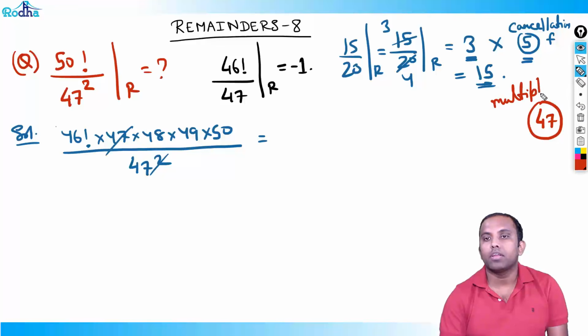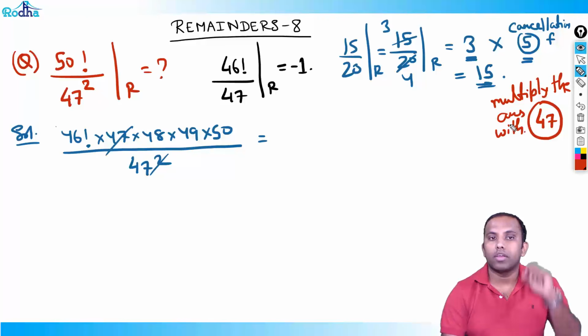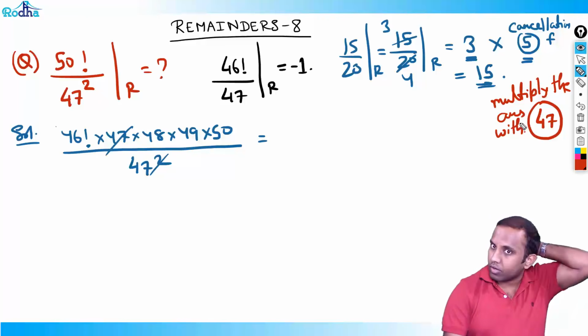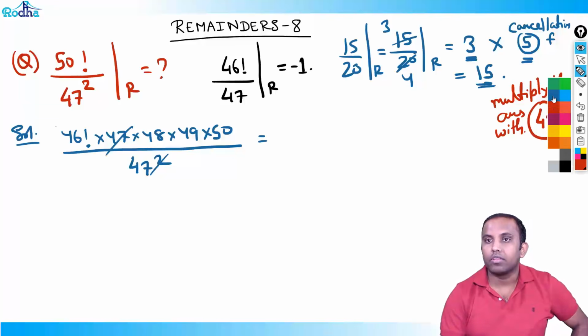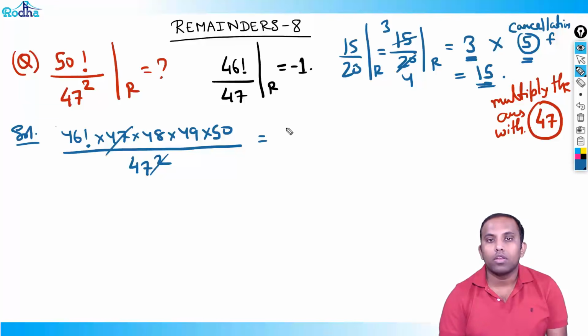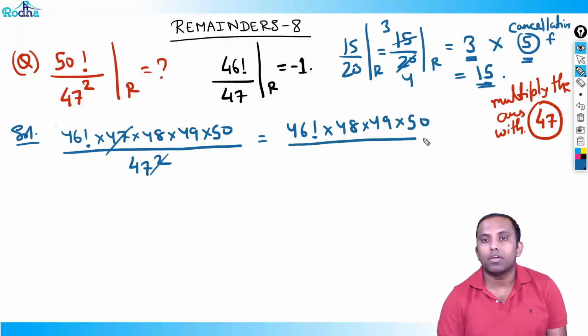You always remember it. So this question now becomes 46 factorial into 48 into 49 into 50 divided by 47, remainder.